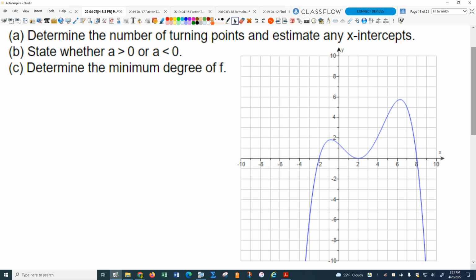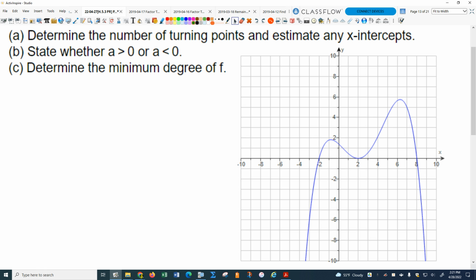What do you think? What about the last part? What's the minimum degree on this one? 2? Anyone got a different answer? Two based on which number? On the number of x-intercepts or turning points? How many turning points are there?